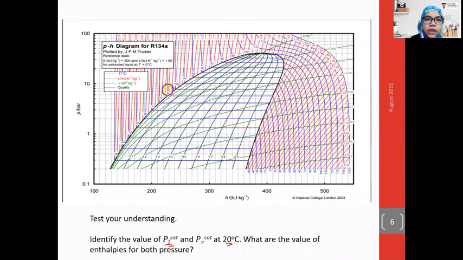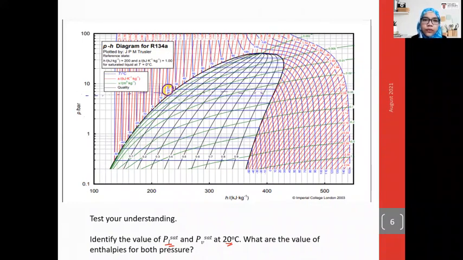From this, we can have the same pressure, right? If we have 20 here, we have this line for the pressure. So this is the value at 20 degrees Celsius.